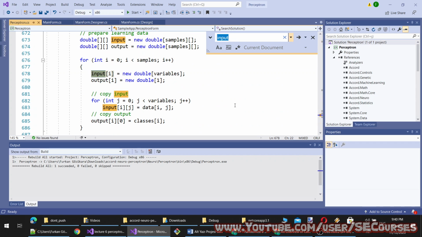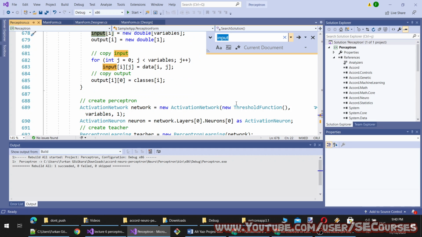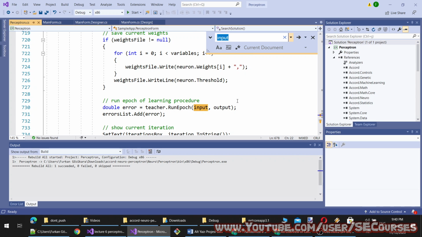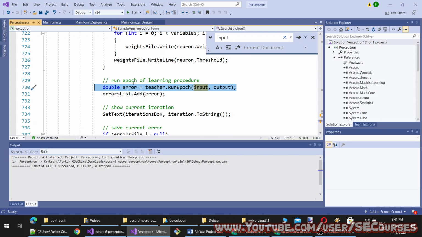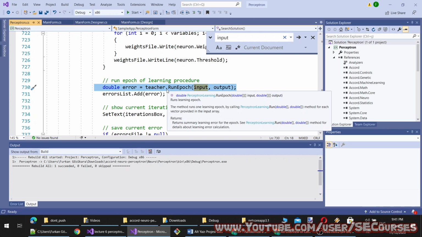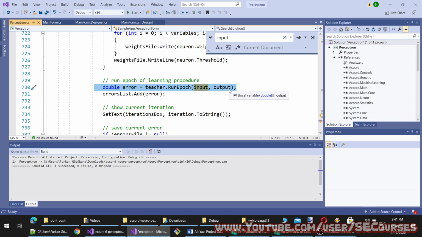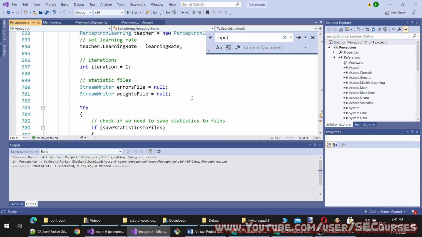So where is this input used? Oh, here. You see, run epoch of the learning procedure, input and output. Okay, so this is where the input and output are used for learning. Okay, it is easy. Okay, let's make the training on the entire dataset first.